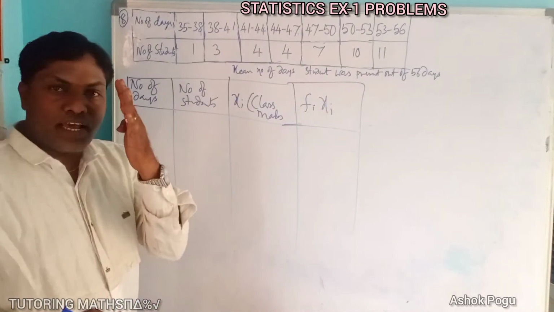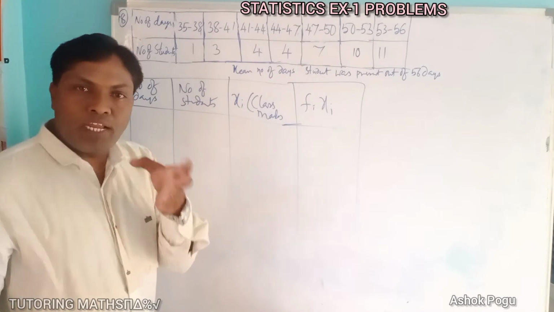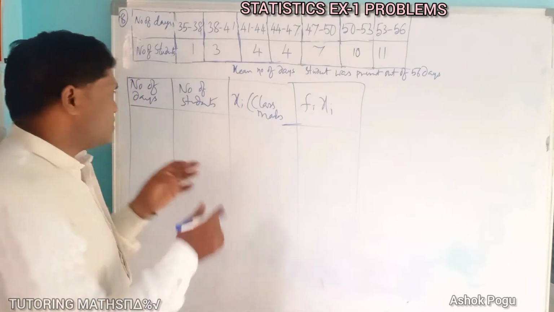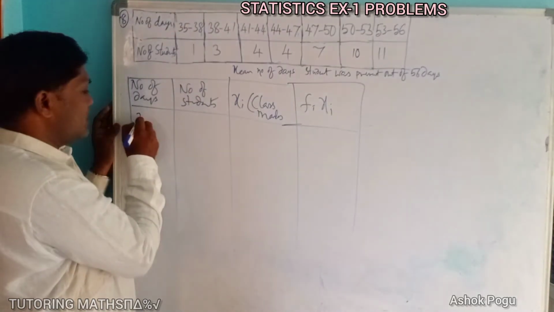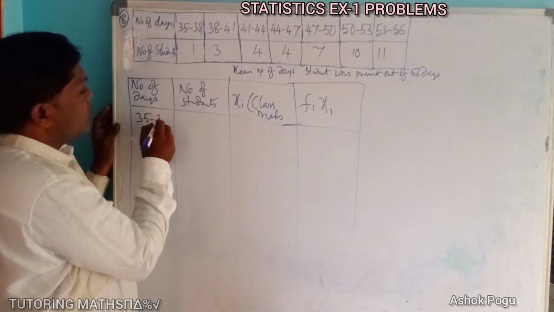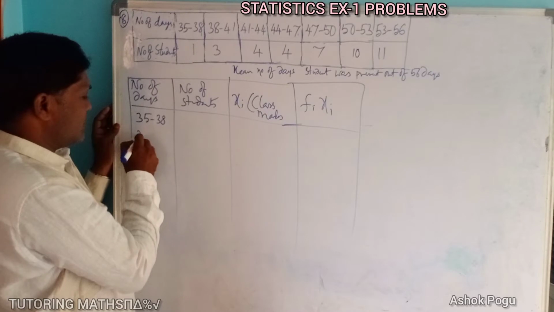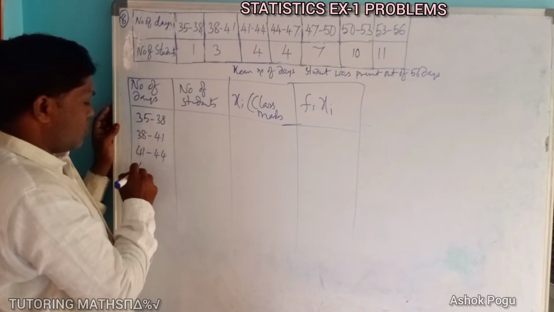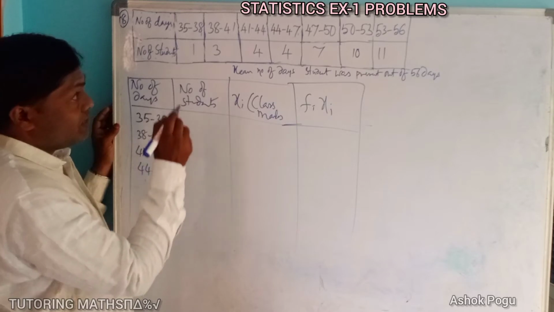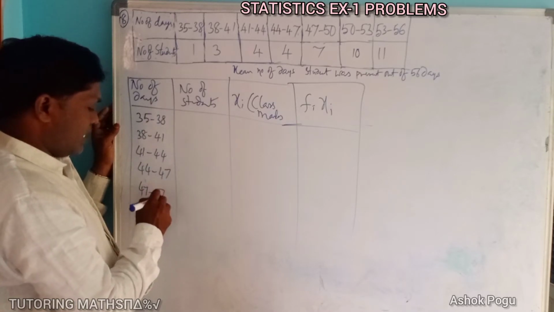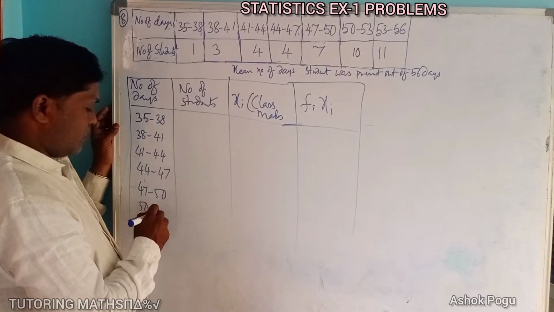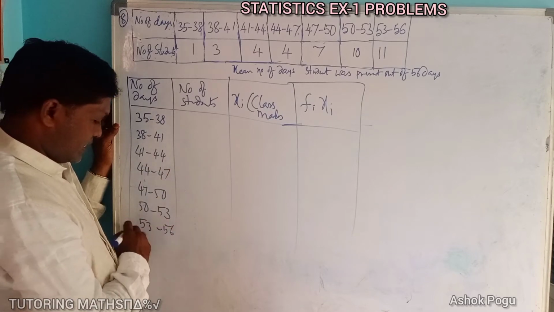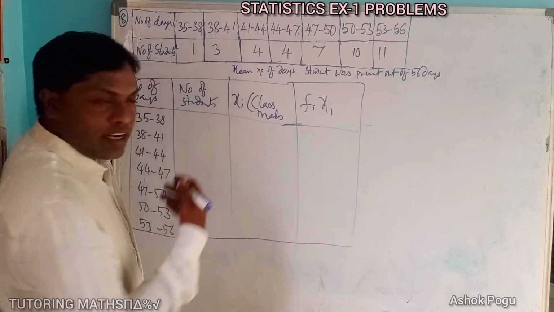So totally we have 4 columns. We are going to apply the direct method to find the mean. The class intervals are 35 to 38, 38 to 41, 41 to 44, 44 to 47, 47 to 50, 50 to 53, and 53 to 56.